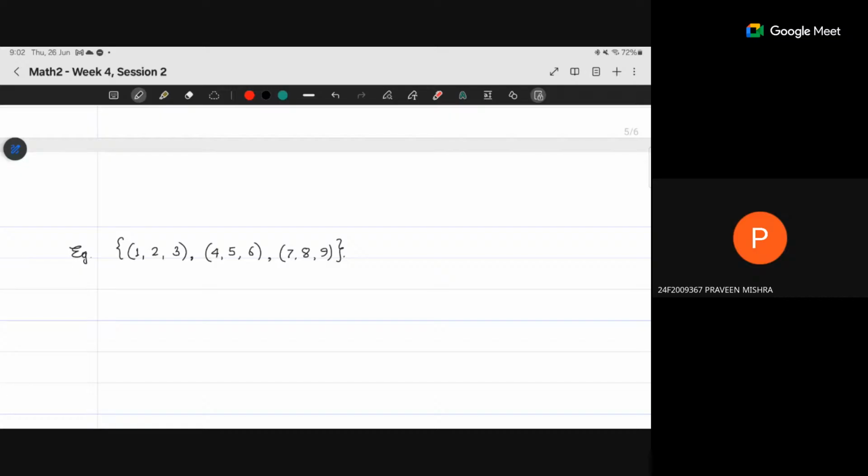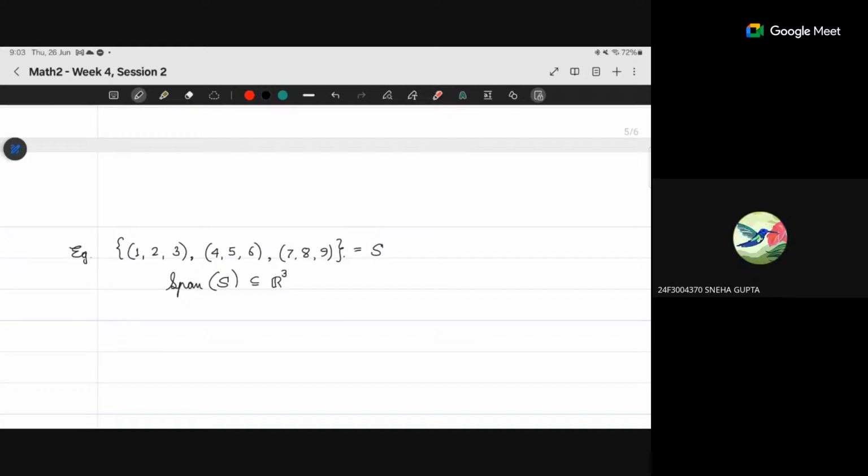So what can be the span of this set? The span of this set is a subspace of R3. So it could be dimension 1, 2, or 3. So if it has to be dimension 3, then these three have to be linearly independent. Is that statement fine?